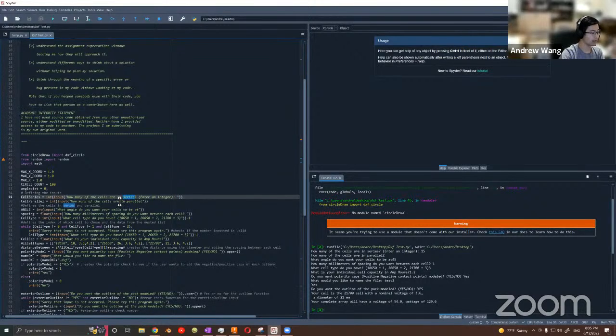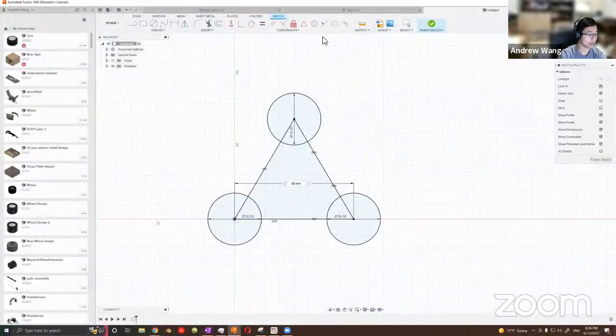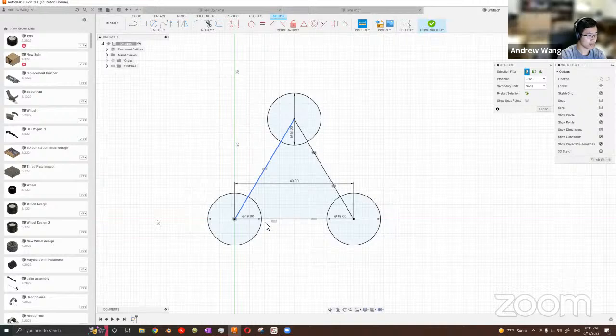It has how many cells are in parallel. What is your capacity goal? And it has the angle of your cells. What angle do you want your cells to be at? And this is the angle we have over here. As you can see, if I take a look at the angle between these, it's 60 degrees. So that is another thing that I can enter.